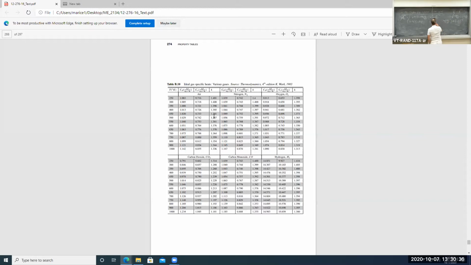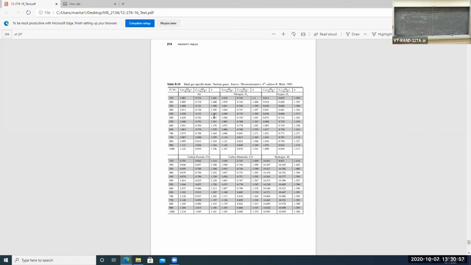You can do the same thing with the second equation involving pressure, involving specific volume. So you can go through the same derivation and you get a similar equation. I don't have them memorized. I always have to look them up.